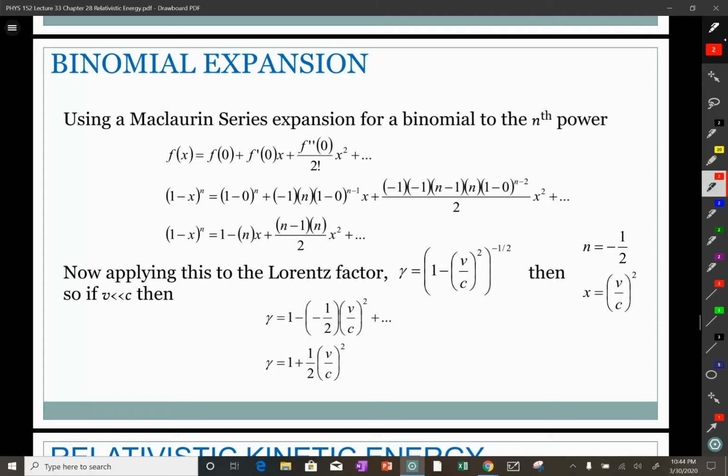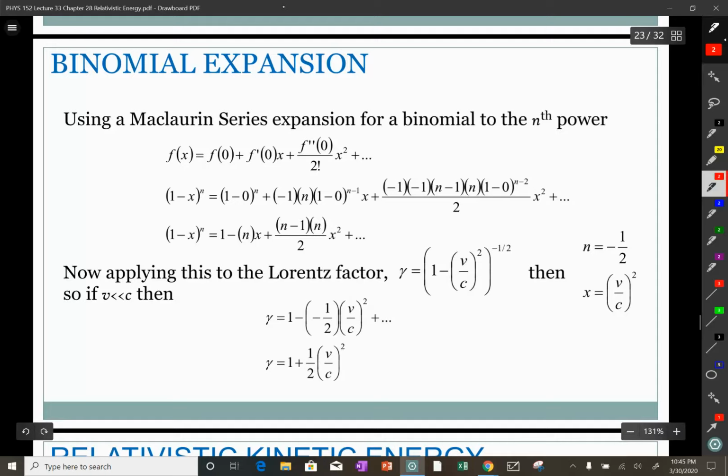So if we take a Maclaurin series, function of x is equal to blah, blah, blah. It gives us what we call the binomial expansion, which says if I have 1 minus x raised to the nth power, that's equal to 1 minus n times x plus n minus 1 times n over 2 x squared plus, and a whole bunch of other terms.